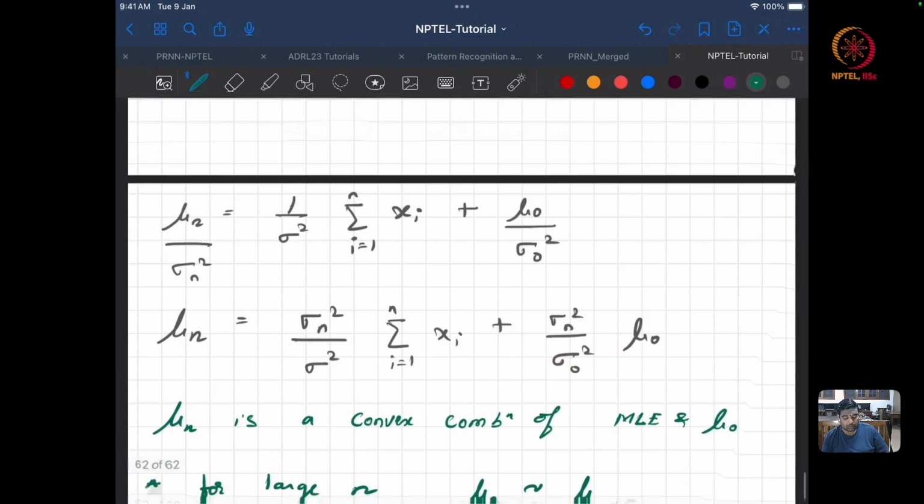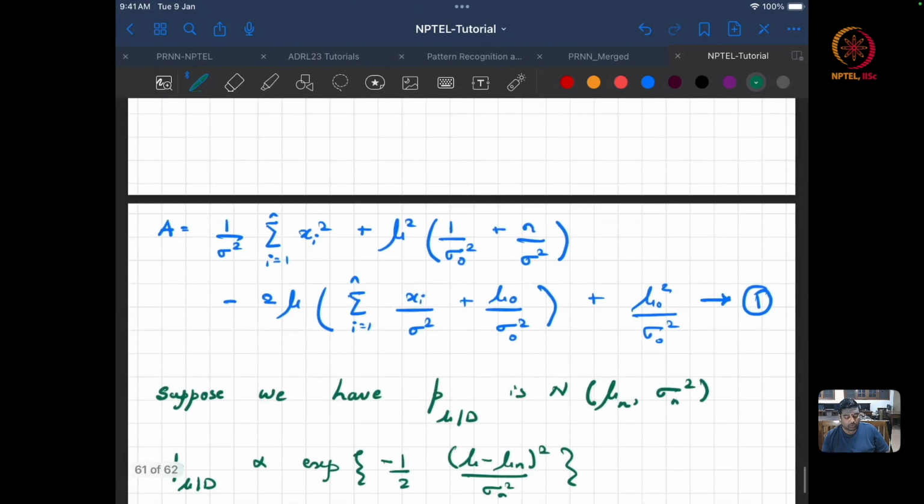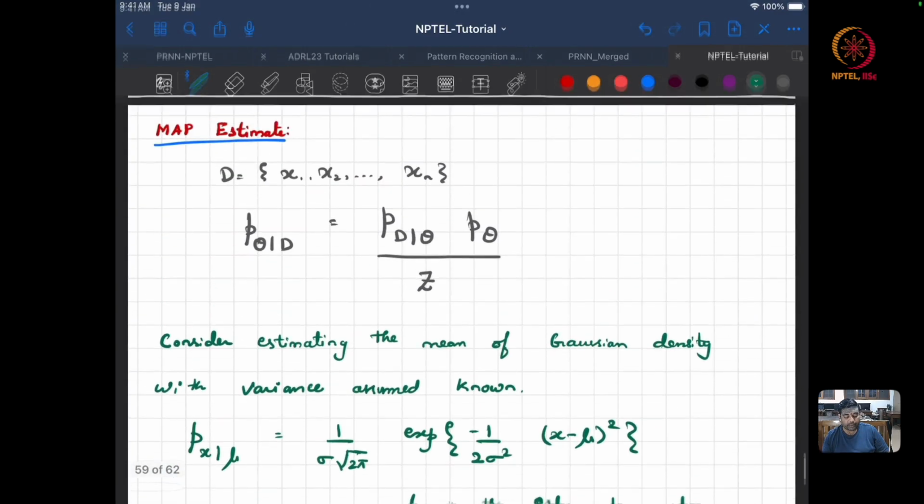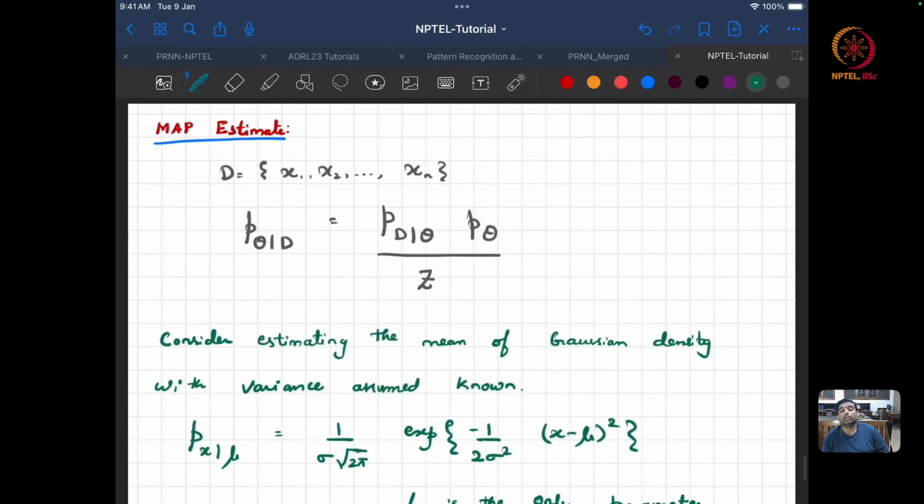Okay. So, in this tutorial, I just wanted to bring out the point of how we look at the MAP estimate and obtain the conjugate pairs in the case of Gaussian densities.